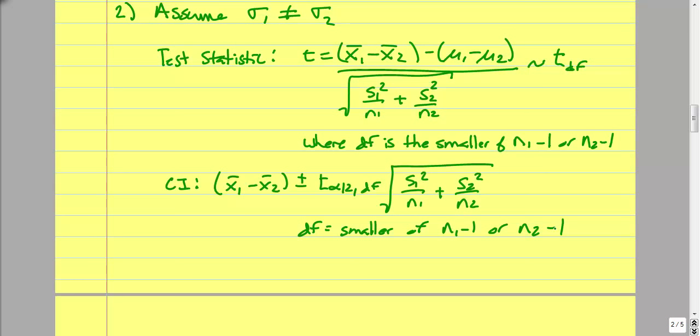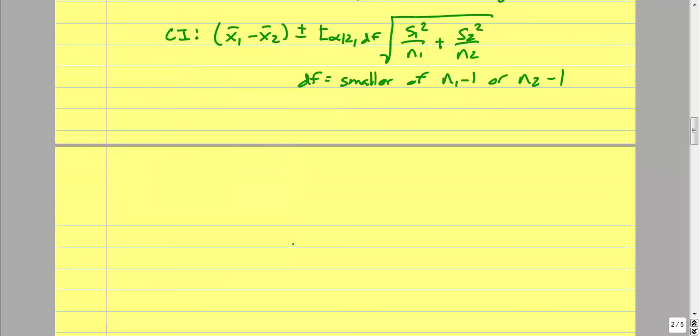We're still talking about confidence intervals, we're still talking about test statistics, we're still talking about p-values and the steps that we use for testing a hypothesis. The only thing that's really changed here are the formulas, whether I'm using a test statistic for assuming the standard deviations are equal or not equal. So that's the first thing we need to do, is decide which formula to use when. So let's go ahead and look at our first example.